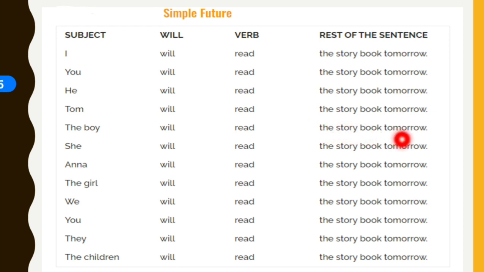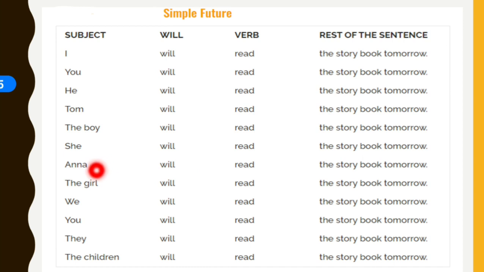So children, you must be noticing that we are changing the subjects, but the rest of the sentence, the will and the verb, that is read, all remains the same. Similarly, when the subject is she, she will read the storybook tomorrow.